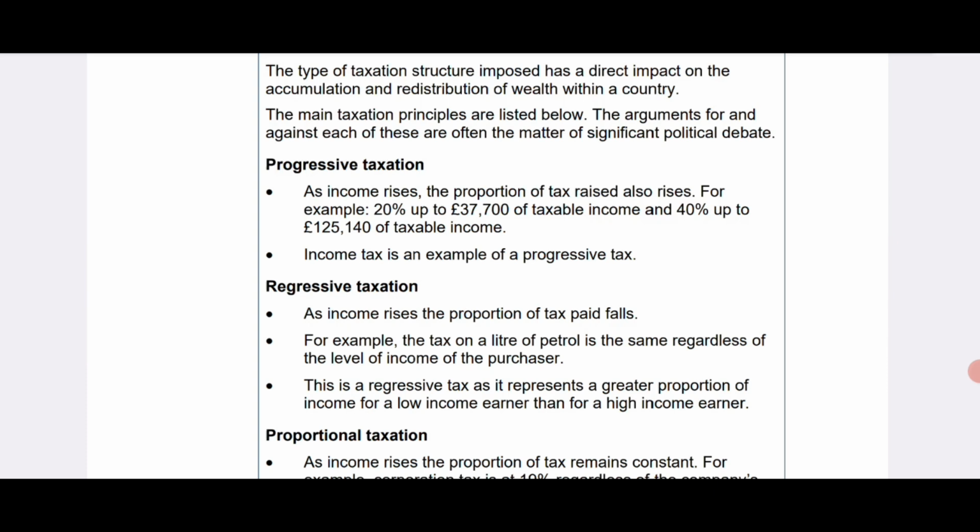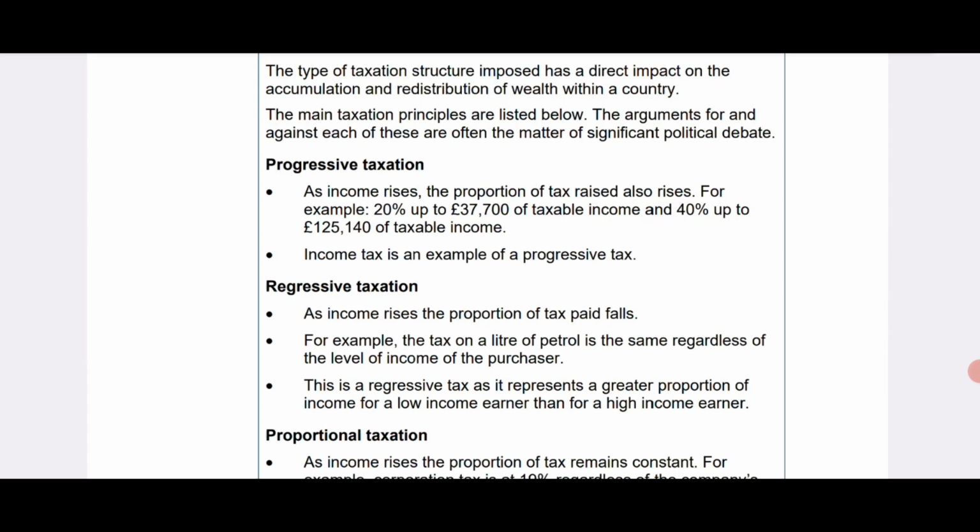For example, 20% up to 37,700 of taxable income and 40% up to 125,140 of taxable income. Income tax is an example of progressive tax.